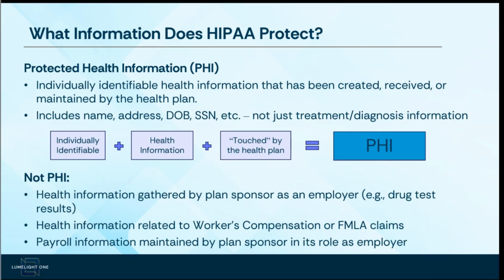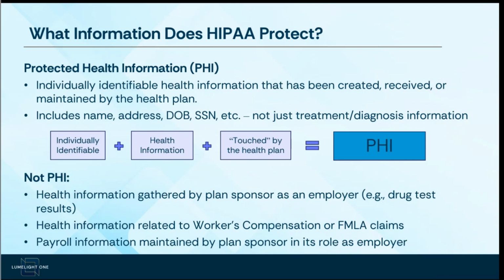It is important to realize that this definition is much broader than what you may consider medical information. It goes beyond a diagnosis or treatment information and will include any individually identifiable information, including something as simple as a name, address, or date of birth that has been created, maintained, or received by the health plan.